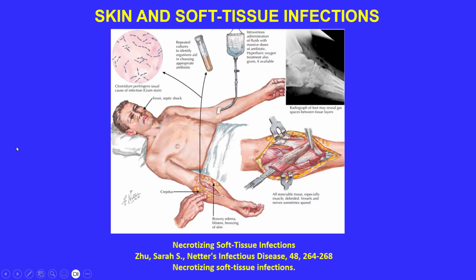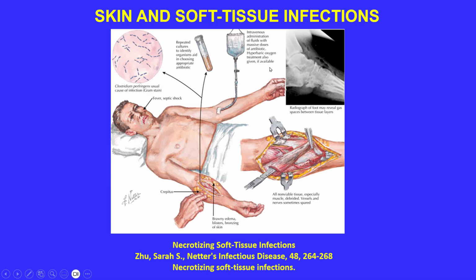And we have here necrotizing soft tissue infections, similar to the picture you saw earlier. Okay? And sometimes what you have to do is realize, in this case, this is a Clostridium perfringens. Using a gram stain, it's gram positive. Okay? And what you have are basically small chains. They're going to release certain exotoxins, okay? So the individual has fever, appears to have septic shock.